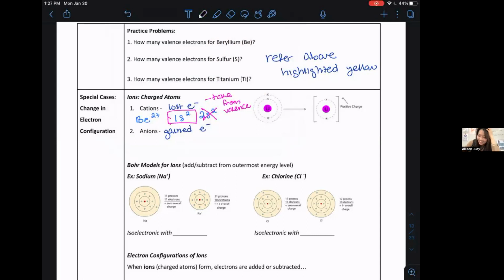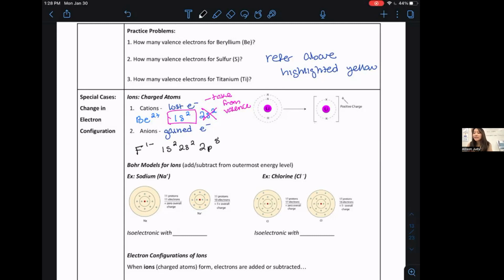All right. Okay, so I'm fluorine 1-. By the way, for charges, we always write the number, then the sign. Number, then the sign. It will matter. If you write it opposite, you're telling me something totally different. Okay, I have 1s2, 2s2, 2p5.